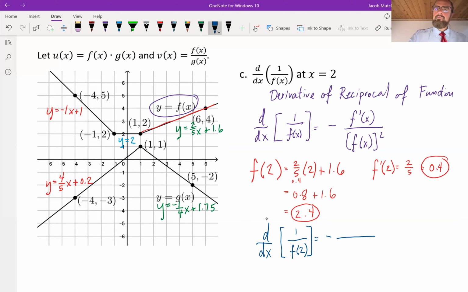So there I want the derivative of f of x, which is 0.4, over f of x at 2, 2.4, and that's squared. So again, there's my setup. All I need to do is calculate that. So negative 0.4 over 2.4 squared. Let's head over to the Desmos calculator to get our decimal answer.